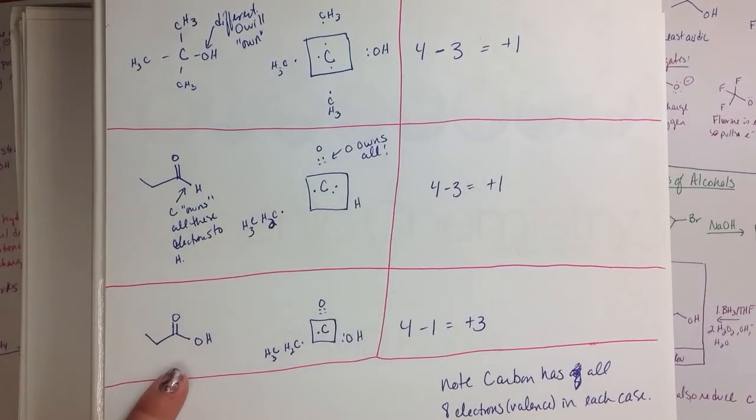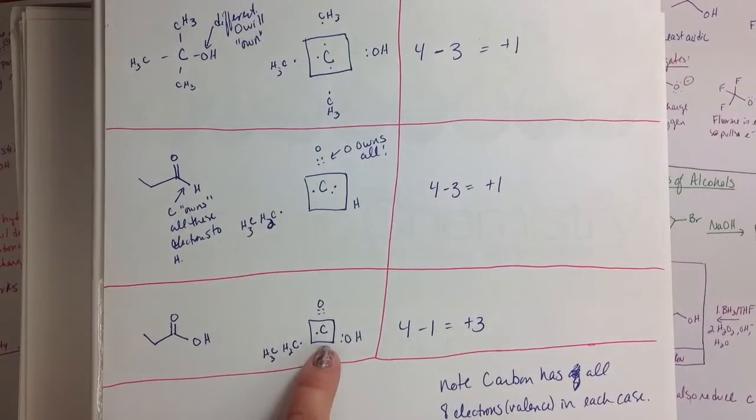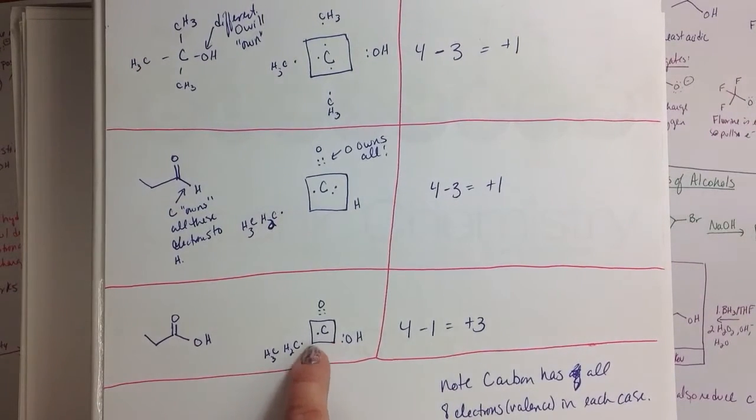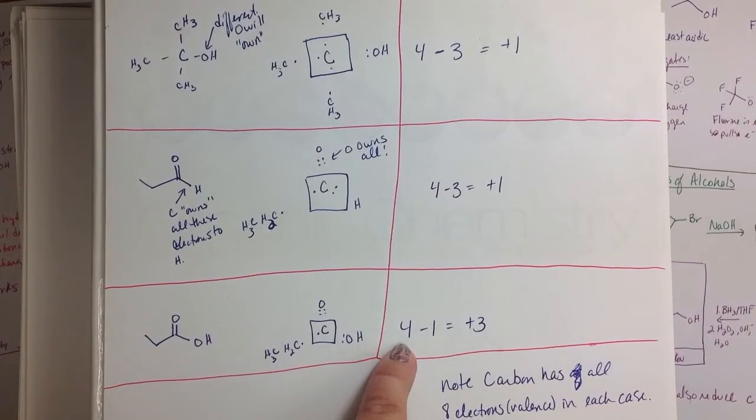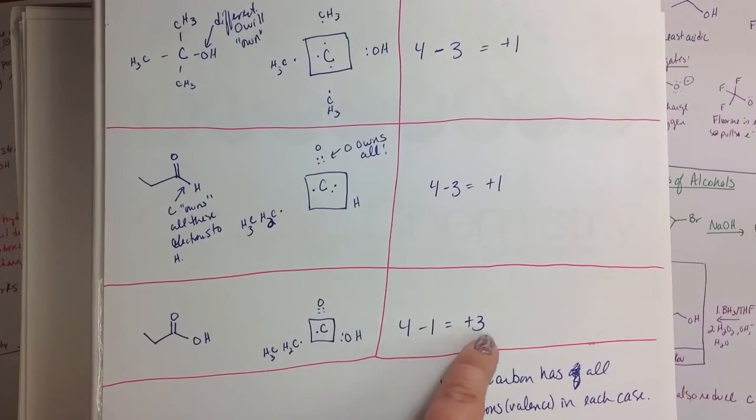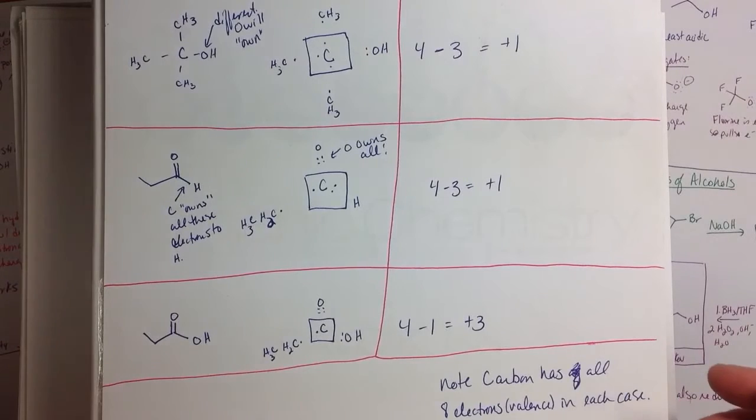But on a carboxylic acid, a carbon would only have to split those with another carbon here. This oxygen takes all those electrons, this oxygen takes those electrons, so we have 4 minus 1, that's a +3 oxidation state. So in other words, you can get to a much different oxidation state just based on what you're bound to.